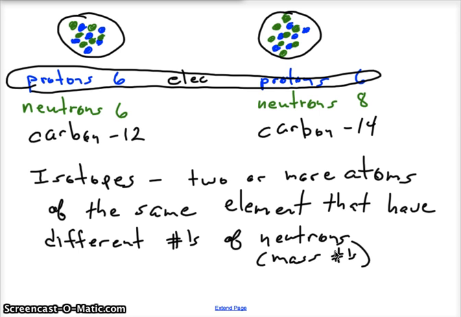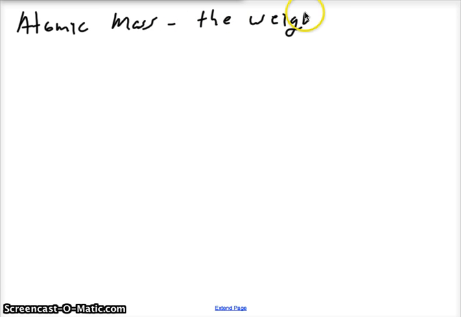What that does, however, is that you need to look at isotopes to calculate atomic masses. And so today we're going to be looking at atomic masses. An atomic mass is the weighted average of all isotopes of an element.